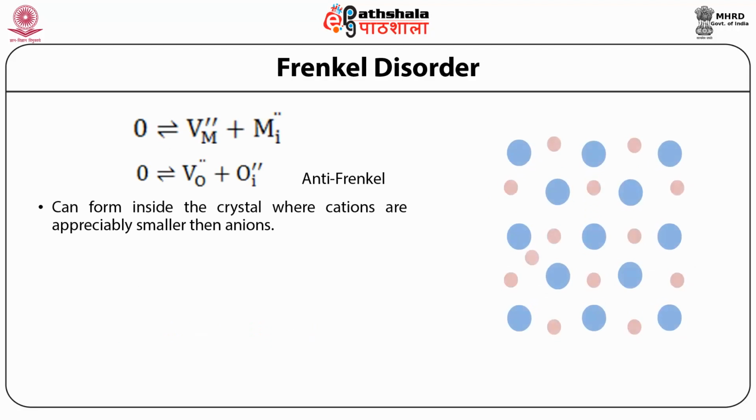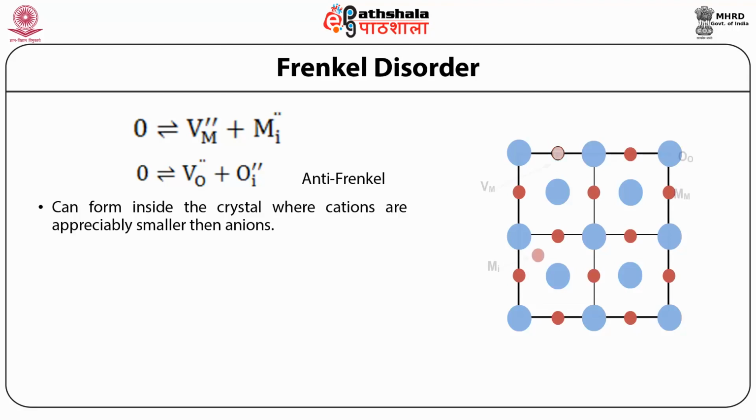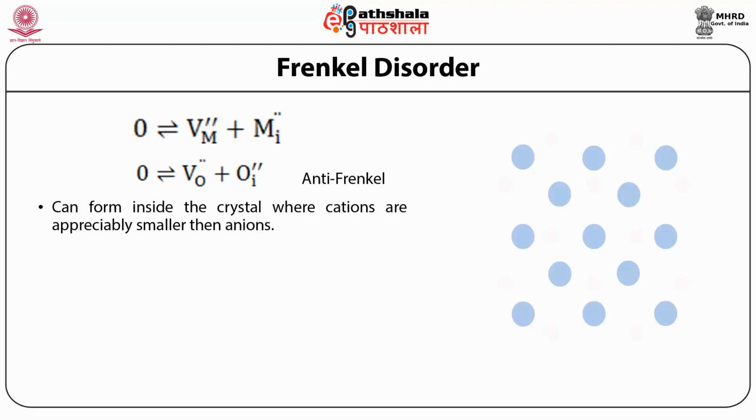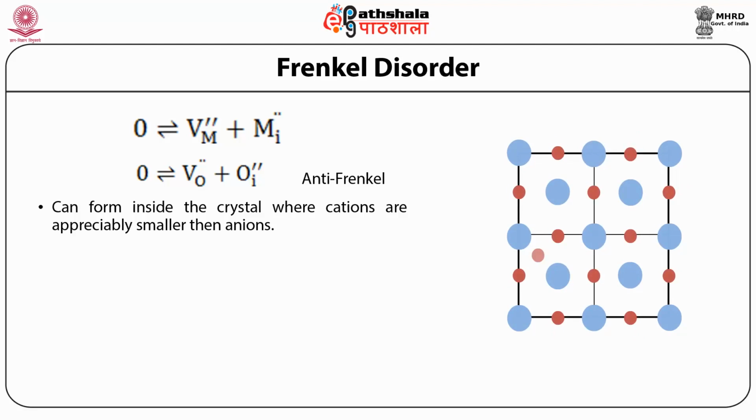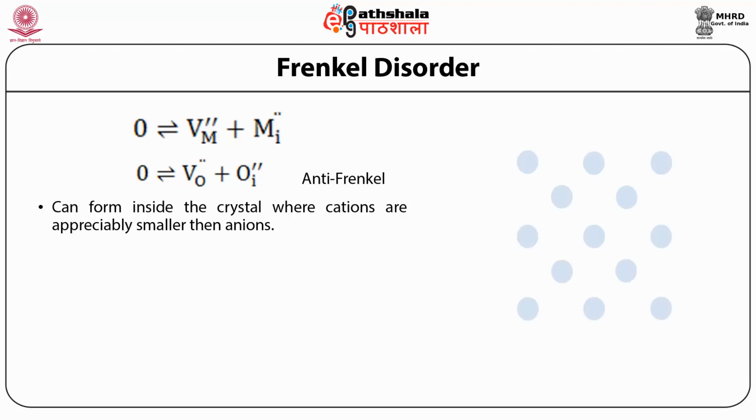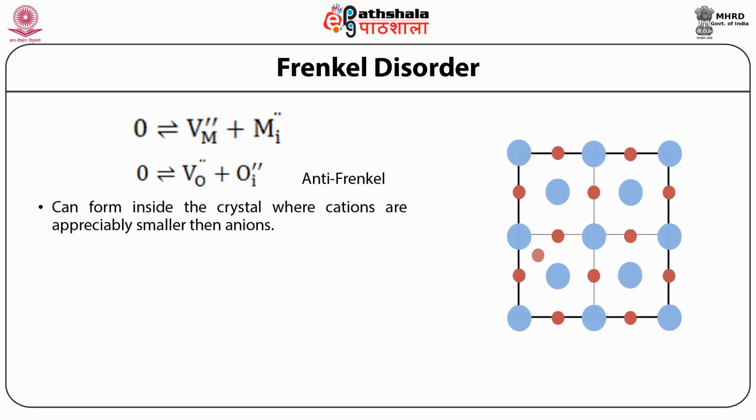Now the next disorder which comes into the picture is Frenkel disorder. On the left hand side, students, you can see the Frenkel disorder. This defect can form inside the crystal. It forms where cations are appreciably smaller than anions, and the defect reaction is written as null gives V_M double prime plus M_i double star.